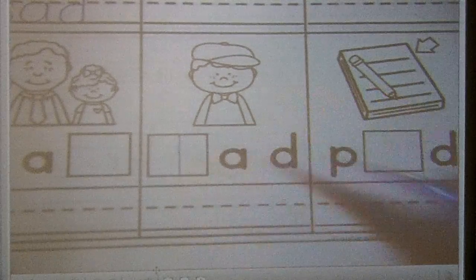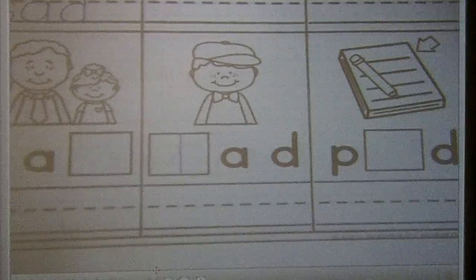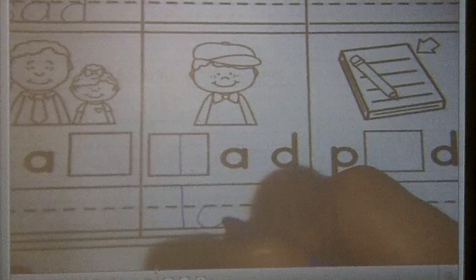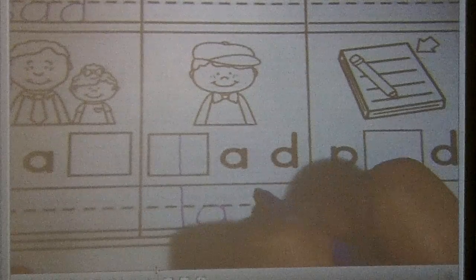So to start your lowercase letter L, you start at the top and you're going to come straight down and you formed the letter L. Now we're going to write the word lad. So we go L, A, D.